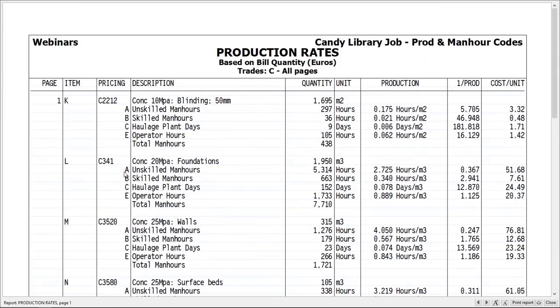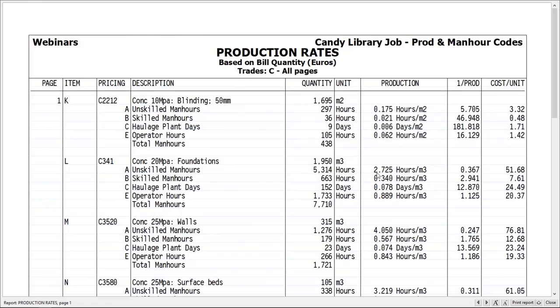Looking at item L, the bill quantity is 1,950 cubes. The number of unskilled man hours allowed to do this work is 5,314 hours.